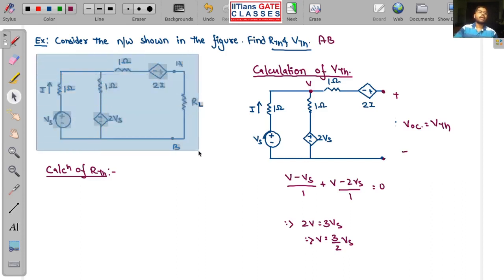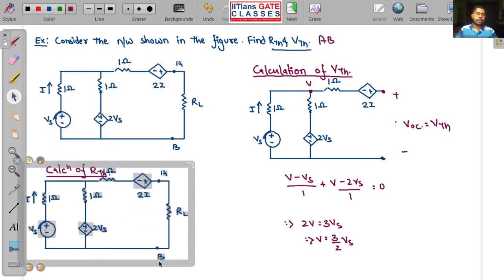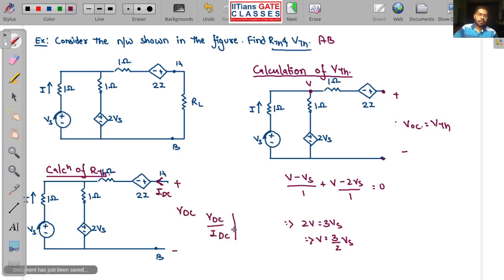Here I have already told you, as there is a dependent voltage source at this point, we are going to use the formula where the voltage across this terminal will be VDC, and the current going in from this terminal will be IDC. So RTH is the ratio of VDC by IDC when all the independent sources are 0.